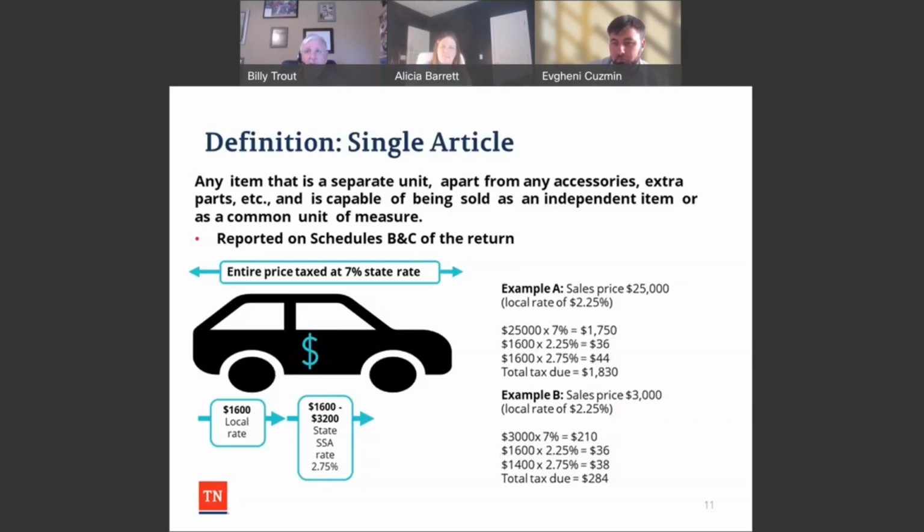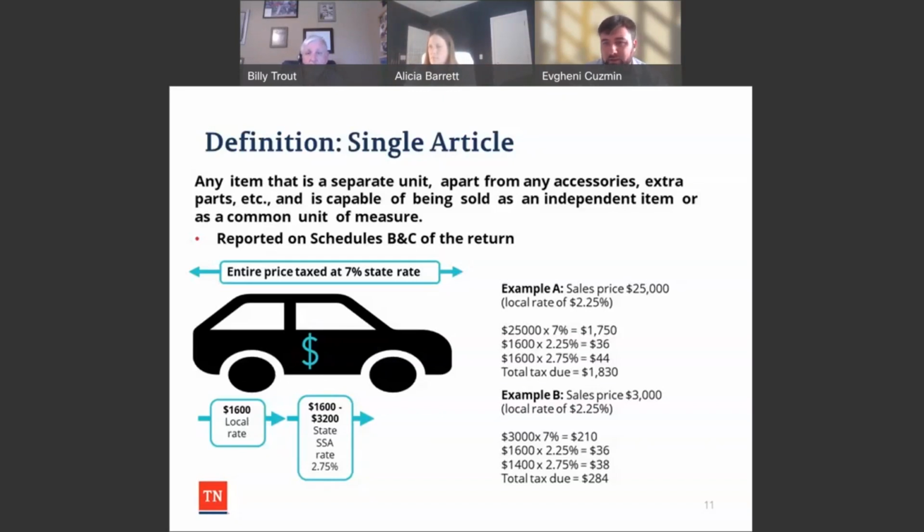And there are only certain services that are subject to sales tax in Tennessee. We have another webinar that discusses that. It's already posted on our website with some of that information as well. But at any rate, we have a lot of tools out there to let you do that. But again, services in general, most services by themselves are not subject to sales tax, but some are.